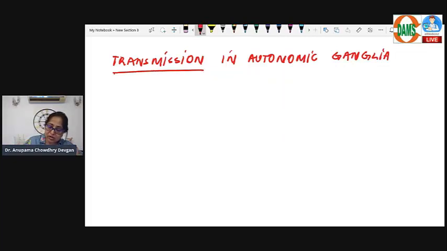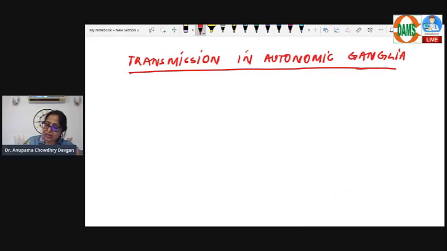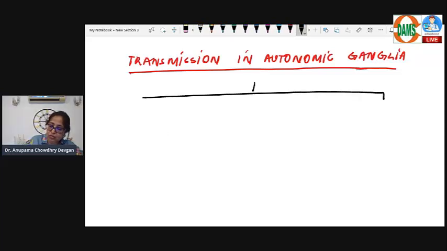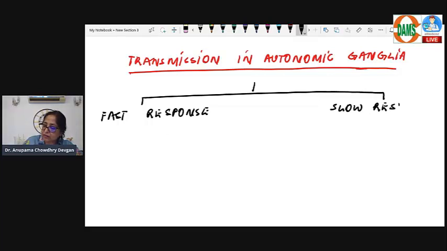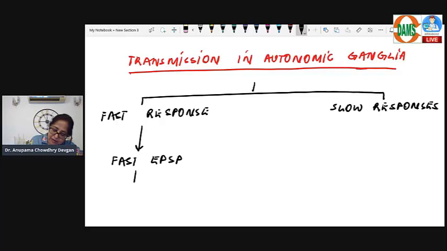When I look at the transmission in autonomic ganglia, there are two types of responses: fast responses and slow responses. The fast response is the fast EPSP.